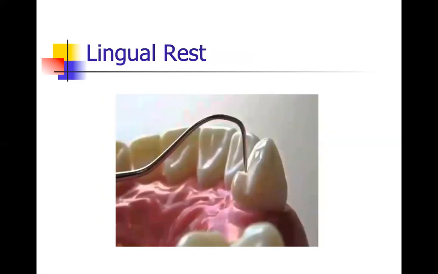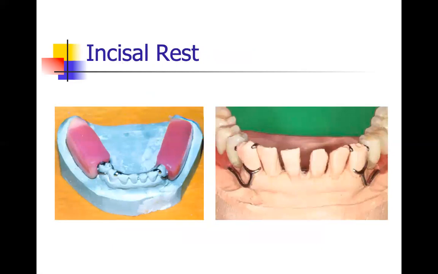Similarly, if it is placed on the lingual surface, then it is called the lingual rest. And on the incisal surface, it will be known as the incisal rest. These are the incisal rests.